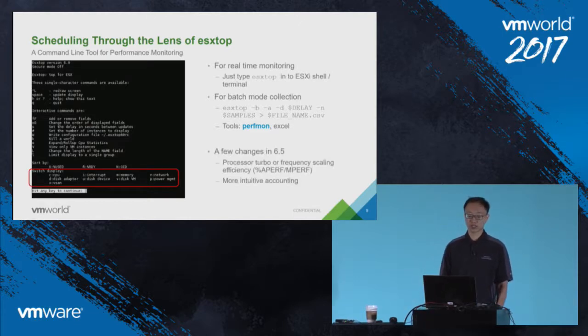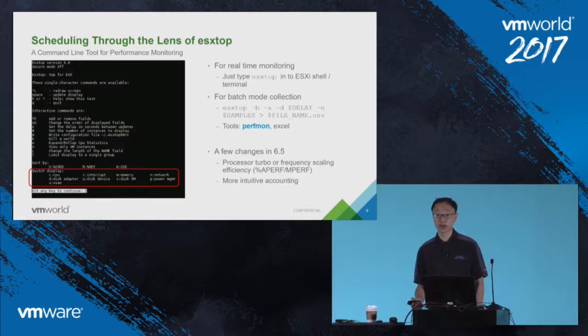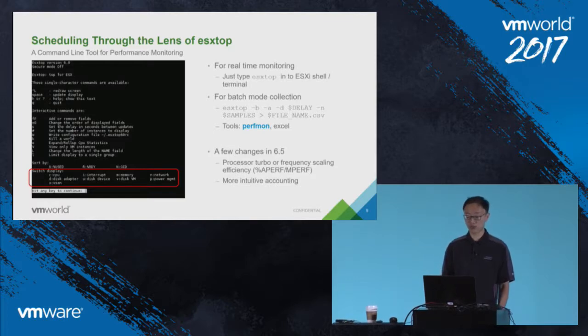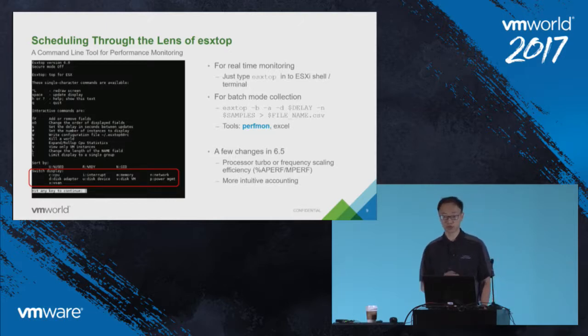A few new changes in 6.5 related to ESXTOP: first, we added some new counters to help you understand the turbo mode of frequency scaling, called the A-perf to M-perf ratio in the ESXTOP power tab. The second is we changed some scheduling accounting implementations so that ESXTOP will be more intuitive. And we'll see this example in a minute.